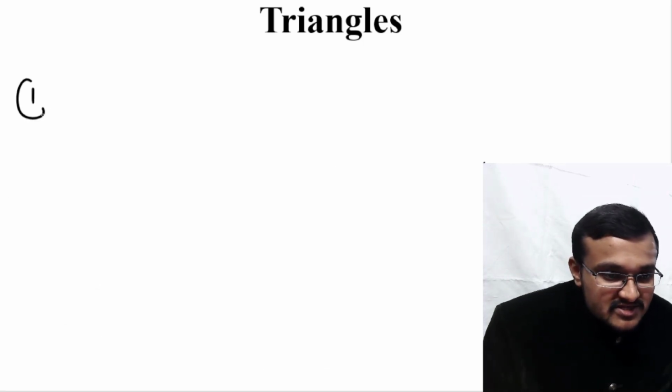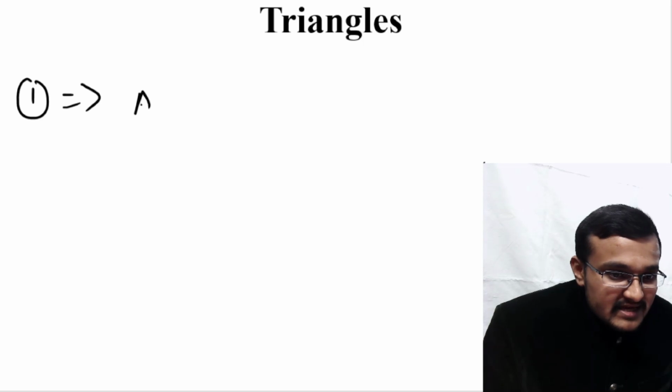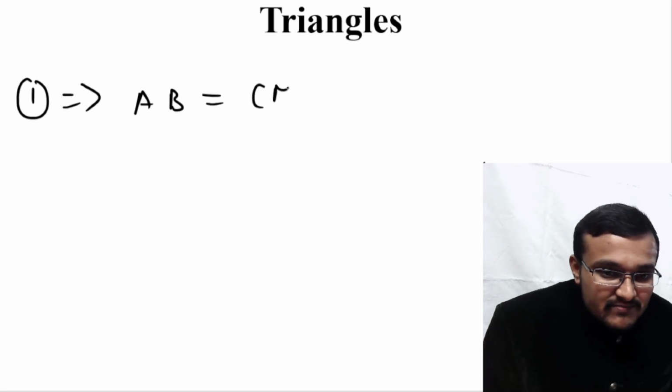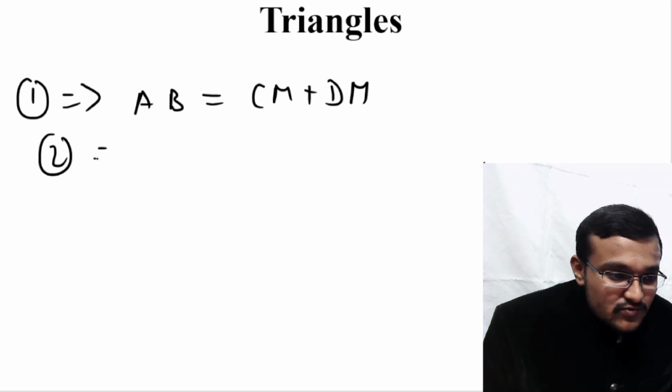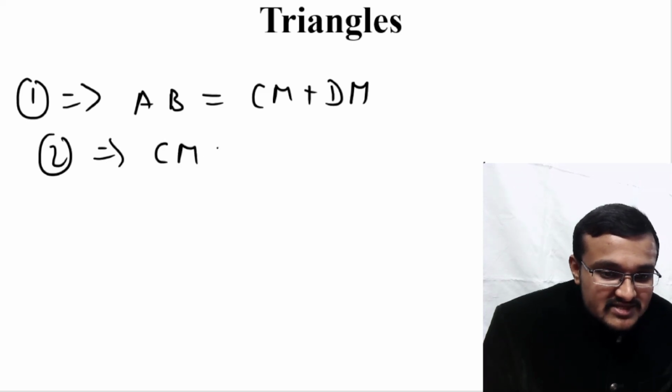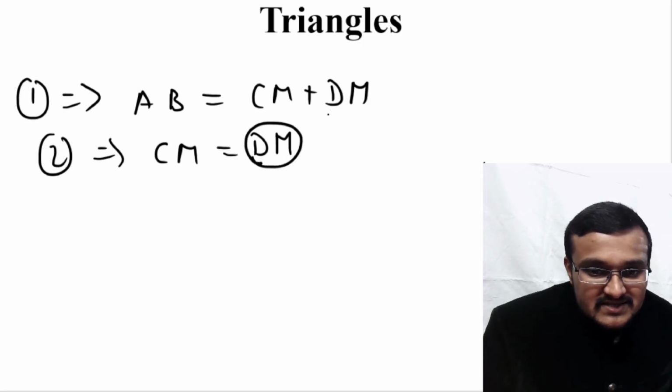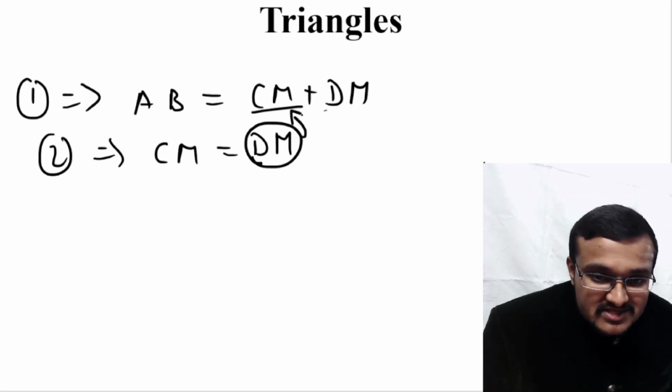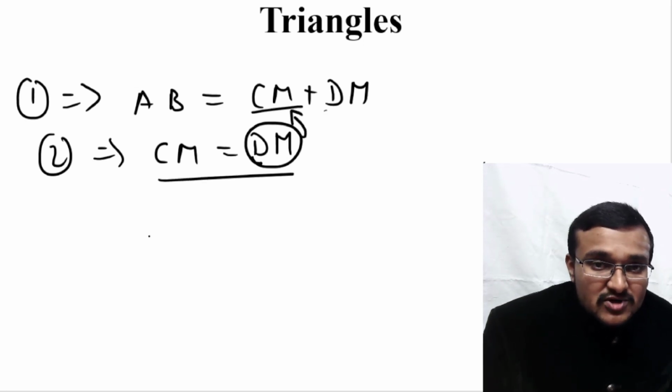Now in equation 1 we have AB is equal to CM plus DM, and from equation 2 we have CM is equal to DM. So you can substitute DM with CM here.